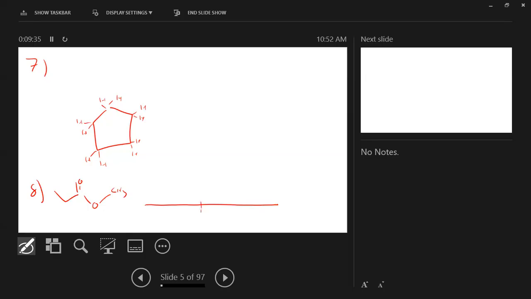This one's around 4. So these 3 hydrogens right here are going to be alone as a singlet. Then we have these 2, and this will be seen right here as a quartet.